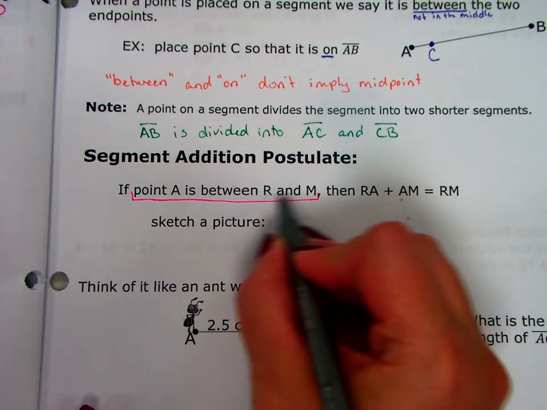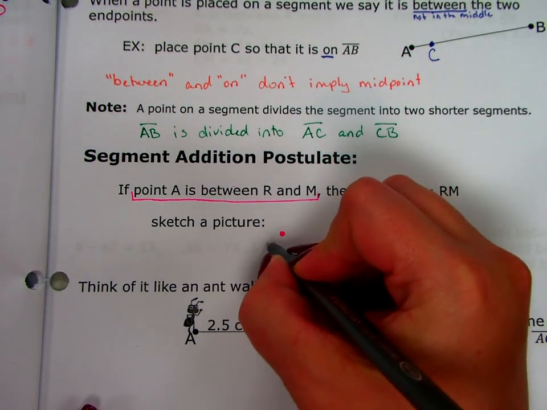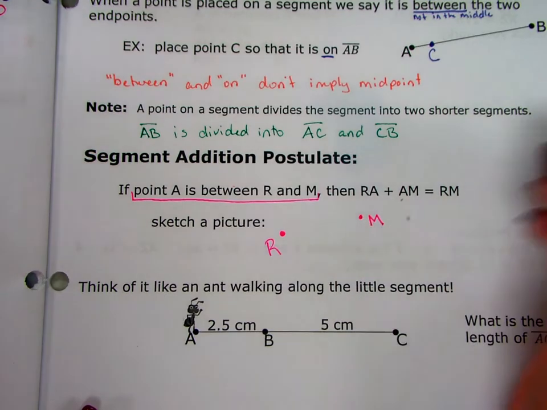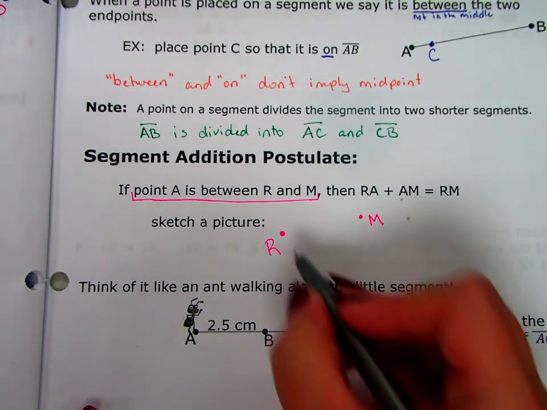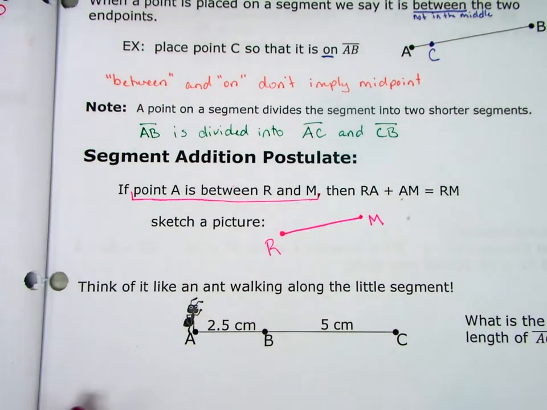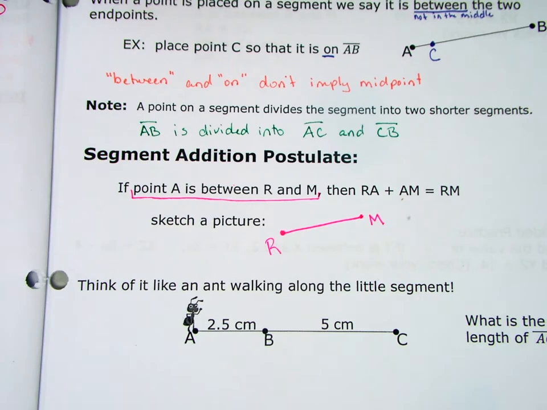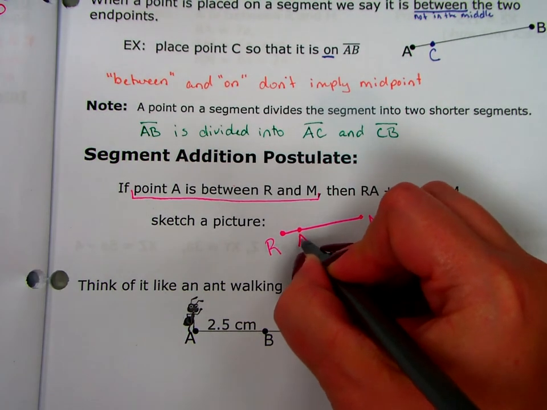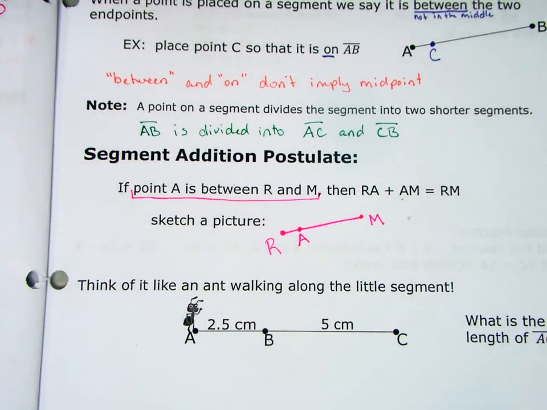So if I have point R and I have point M, and A has to be between them, that means it's got to be somewhere in the segment between them. Again, between doesn't mean it has to be right in the middle, so I like to, on purpose, make it not look like it's in the middle. So I have to have that part in pink before I can apply this postulate. Once I have that part in pink, then I can apply the postulate.